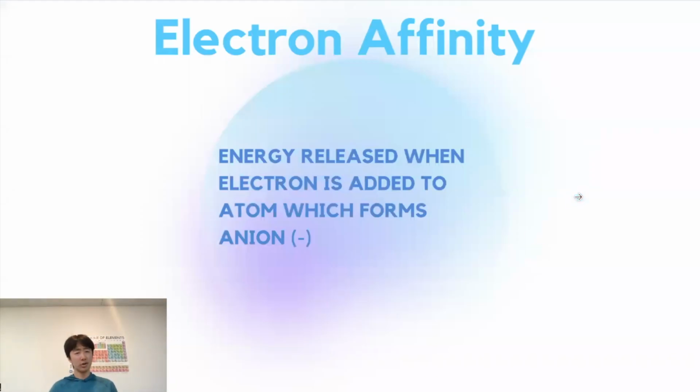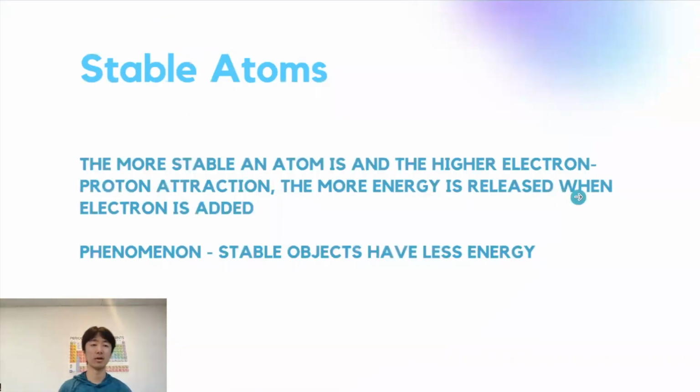Now, chemists, what is electron affinity? Electron affinity is the energy released when an electron is added to an atom, right? So let's say you have an atom and you add an electron to the atom, which makes it an anion. How much energy is released when the electron is added, right? So to go back, what are stable atoms?